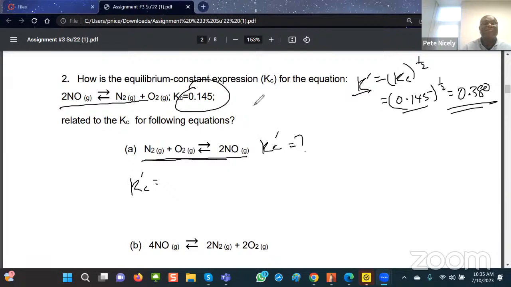Let me help you out here. The Kc expression for this is the concentration of NO2 over the concentration of N2 times the concentration of O2 divided by the concentration of NO squared. What's the Kc expression for this equation in A?